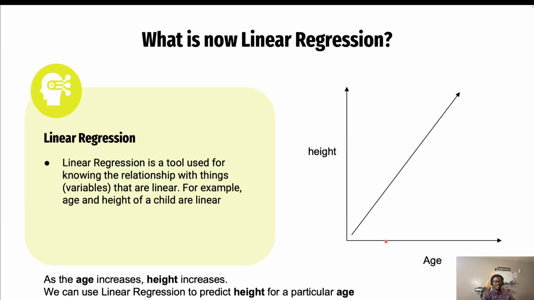So you see, as the age increases, the height increases, right? Then it forms this straight line. This is what linear regression is trying to do. Linear regression is trying to fit this line so that it can predict height from age.